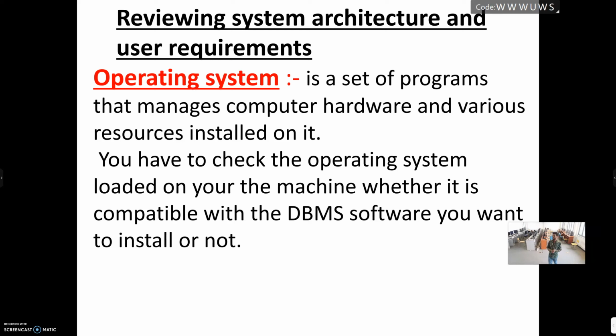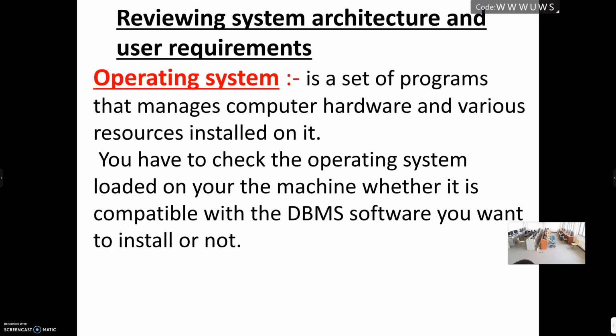An operating system is a set of programs that manages computer hardware and the various resources installed on that machine. You have to check which type of operating system is installed on your machine and whether it is compatible with the database management system software, when deciding to install it or not.